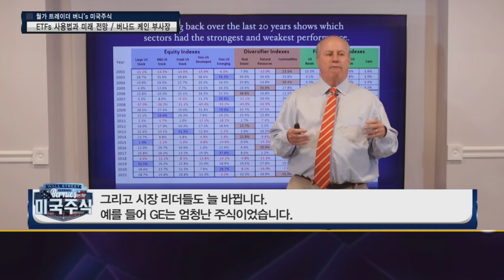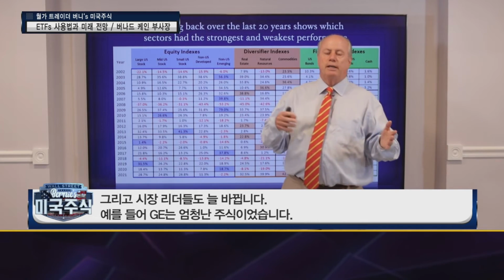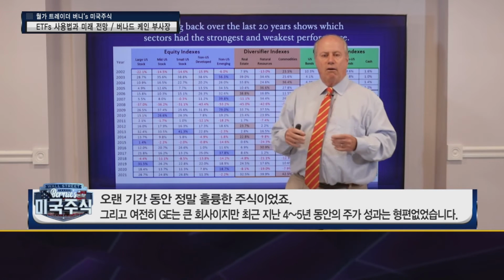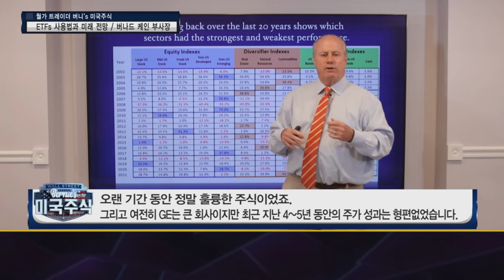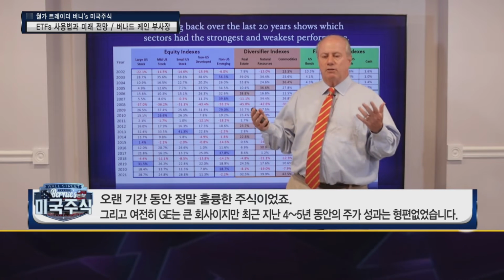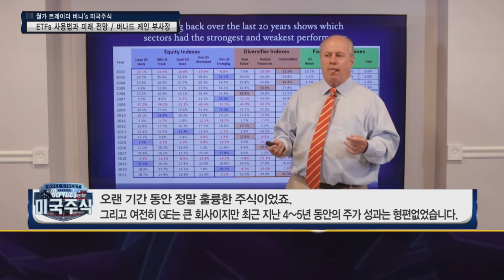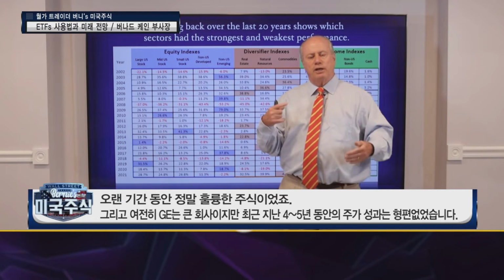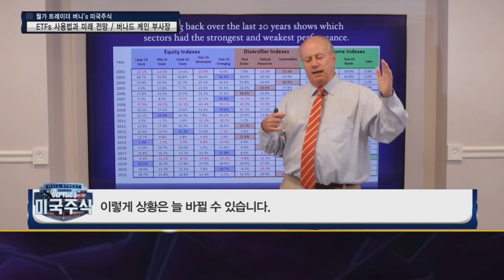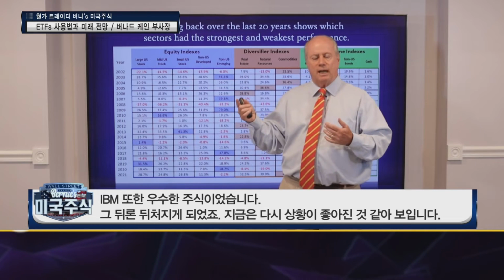We used to have GE, which was a tremendous stock. Did great for years and years and years. And GE is still a really big company, but its stock performance has been terrible for the last 4 or 5 years. So things change. IBM was a great stock, then IBM lagged, and I think it's now become a good stock again.